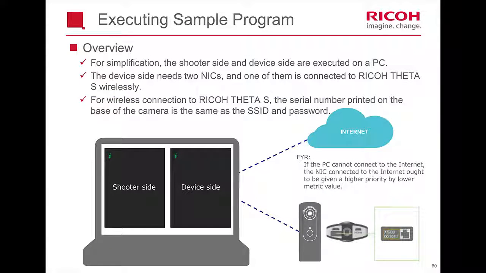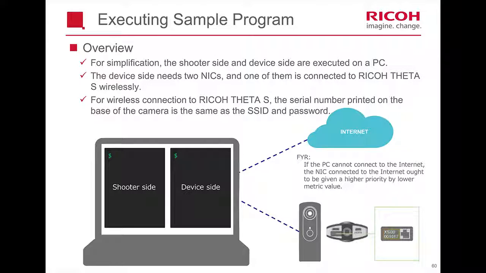I will execute the sample program to show you how it actually operates. To keep the configuration simple, I am using a single PC to execute both the shooter side and the device side, as shown in the figure. First, you must prepare 2 network interface cards, NICs, for the device side. One of them is used for a wireless connection to THETA S, and the other is used to connect to the Internet.